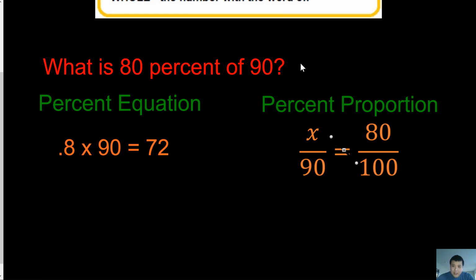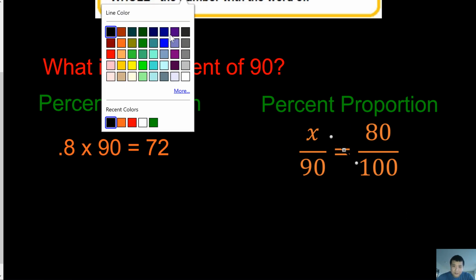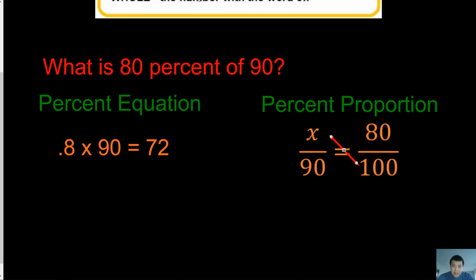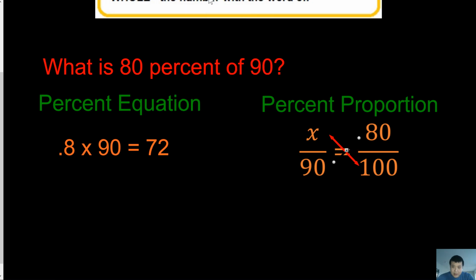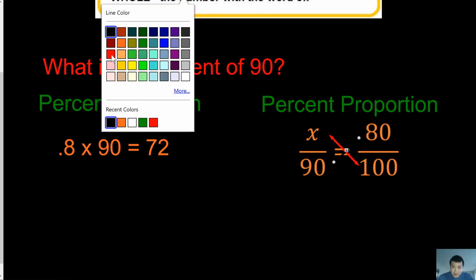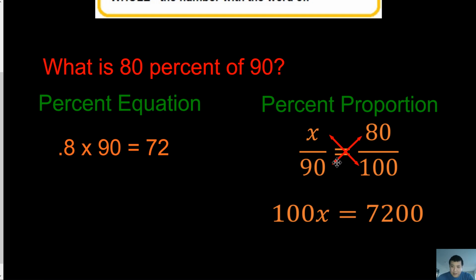Those two parts multiplied together, and these two parts, again, let's change that to a color we can see. Let's go with red. Those two parts multiplied together can form an equation.